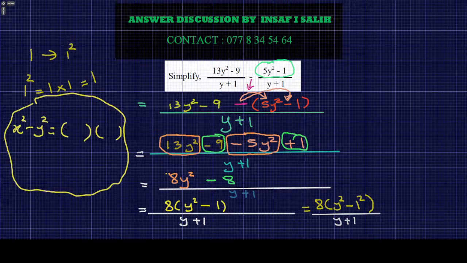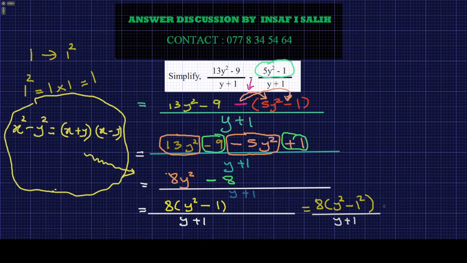In one we write the addition, x plus y, other one x minus y. So how do we factorize x squared minus y squared? X plus y times x minus y. What do we call this? We call this factorizing difference of two squares. Now we can apply this knowledge to the question we are doing.